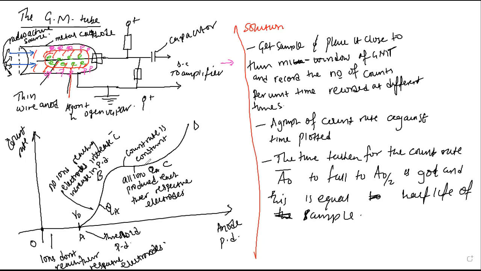Now, between C and D, a small increase in the anode PD, or in the voltage, leads to a rapid increase in the count rate. And this is because of production of secondary ions, and the quenching agent is less effective.